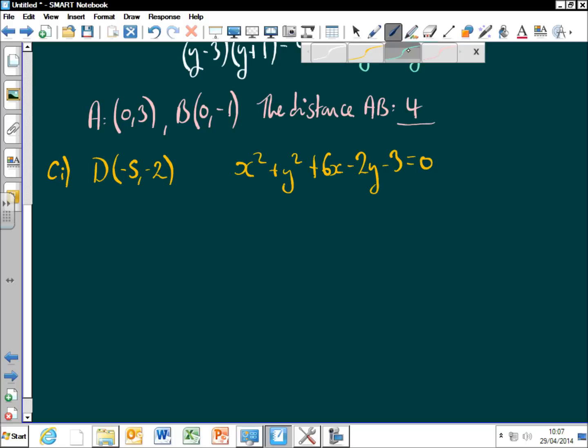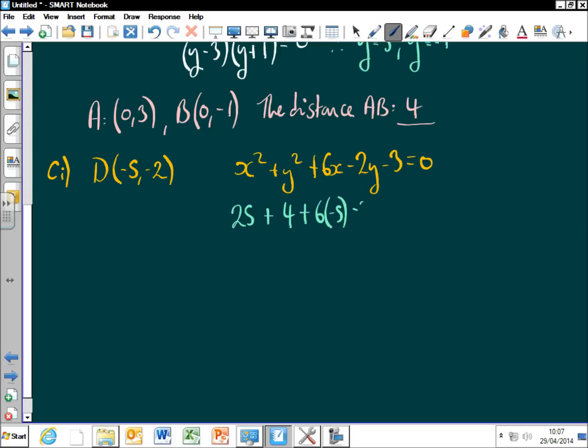So minus 5 squared is going to be 25, 2 squared is going to be 4, and then I've got 6 times negative 5, and minus 2 times negative 2, and minus 3. And we don't know what it equals yet, but hopefully it's going to equal 0.